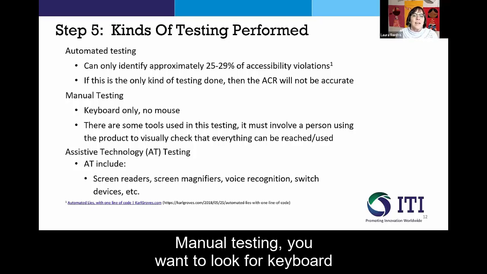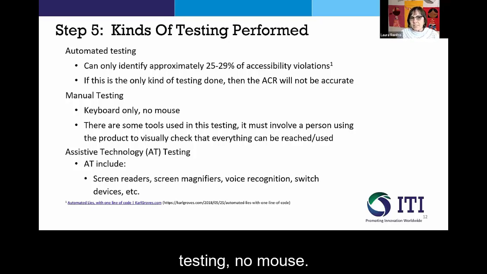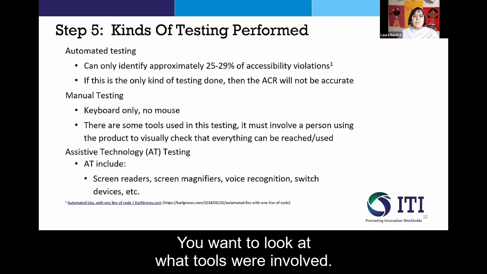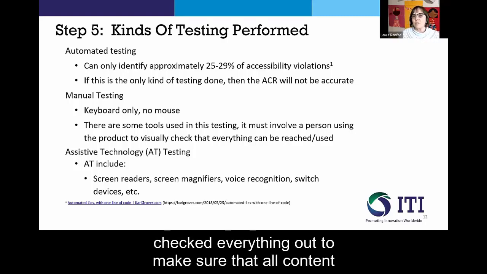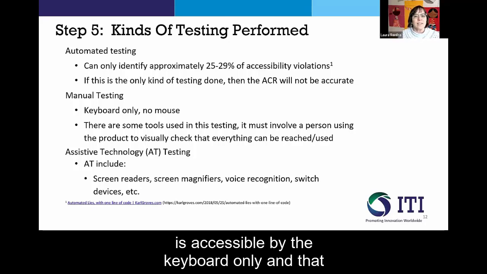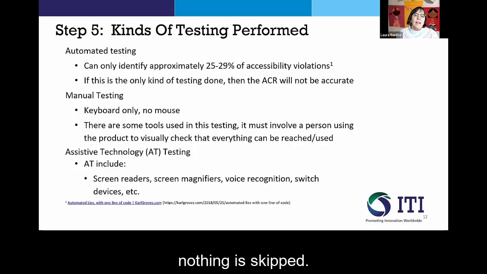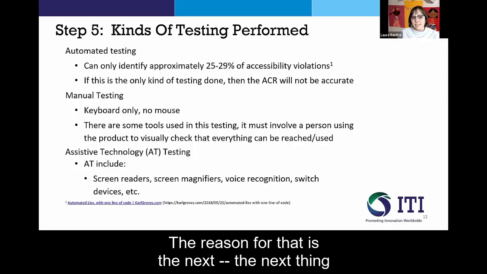Manual testing, you want to look for keyboard testing, no mouse. You want to look at what tools were involved, and again, the person using the tools that checked everything out to make sure that all content is accessible by the keyboard only and that nothing is skipped. The reason for that is the next thing we'll talk about.